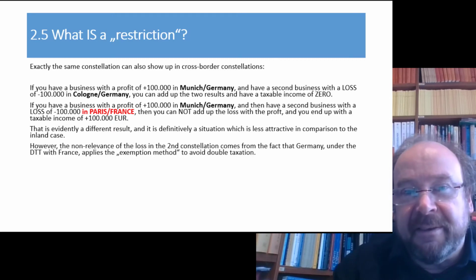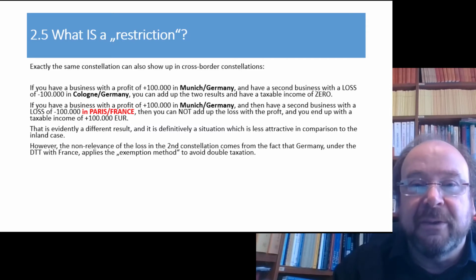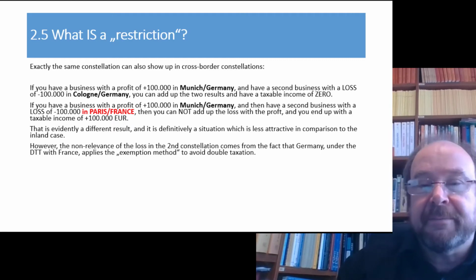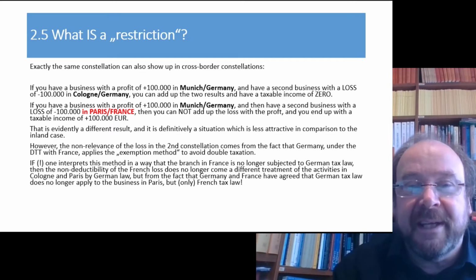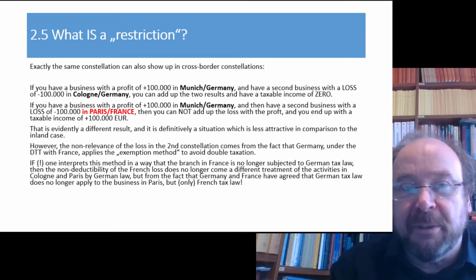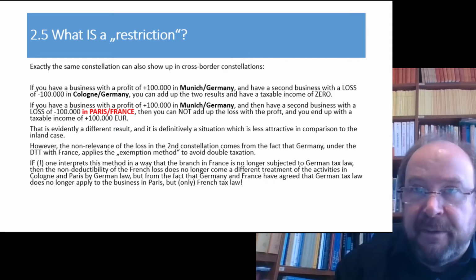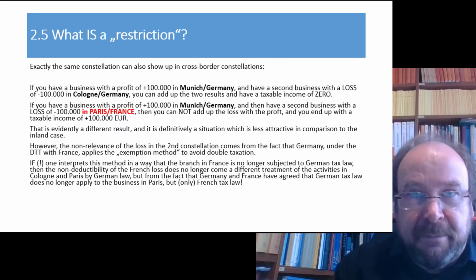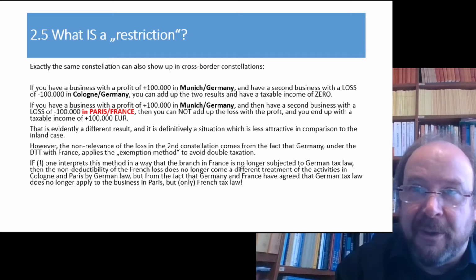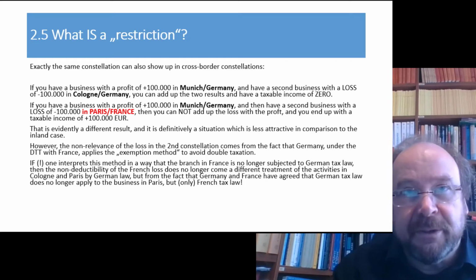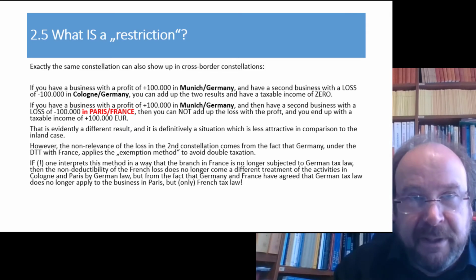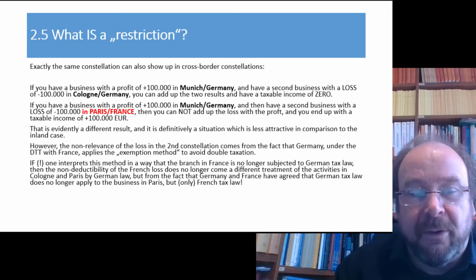Now, it might be that the decision to ignore the loss from Paris is due to the exemption method in the double taxation treaty, and one could interpret the exemption method as an agreement between Germany and France. Well, for the French permanent establishment, German tax law does no longer apply. Germany exempts it. So Germany agrees to the French PE, only French law applies.